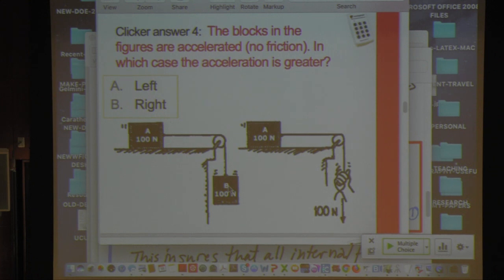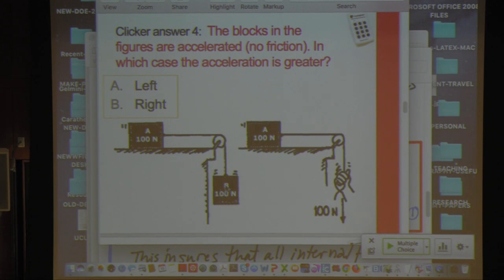No. Should it be greater or smaller? Smaller. So when it gets to here, the tension is smaller than this 100 newtons.